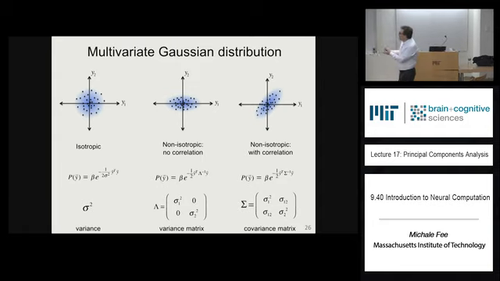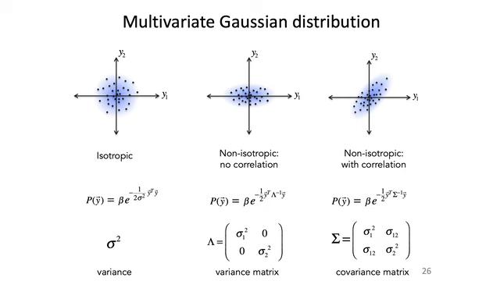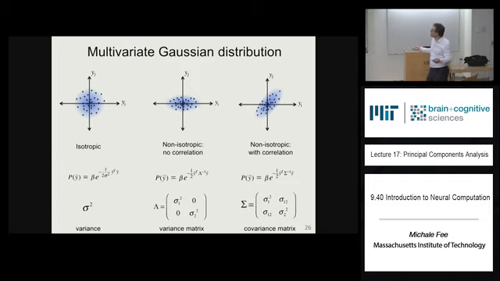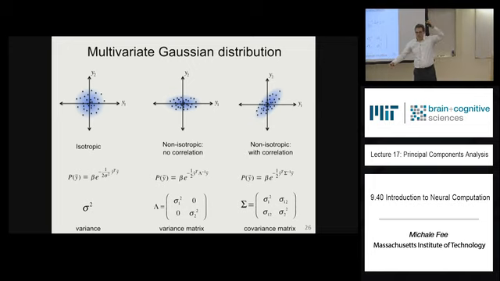Think about this. Variance: you put into this Gaussian distribution the distance squared over the variance, which is sigma squared. Here it's distance squared over a variance. Here it's distance squared over a variance. Does that make sense? It's just that in order to describe these complex stretching and rotation of this Gaussian distribution in high dimensional space, we need a matrix to do that.